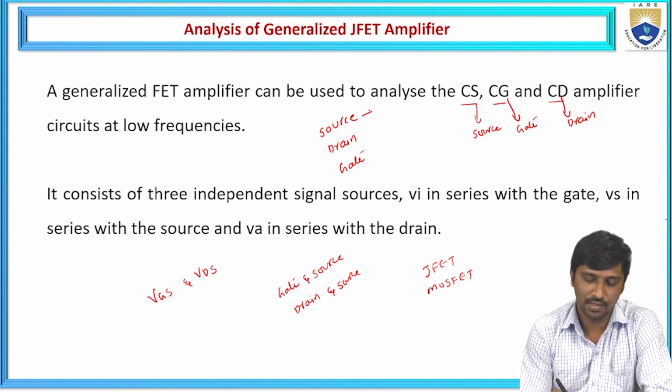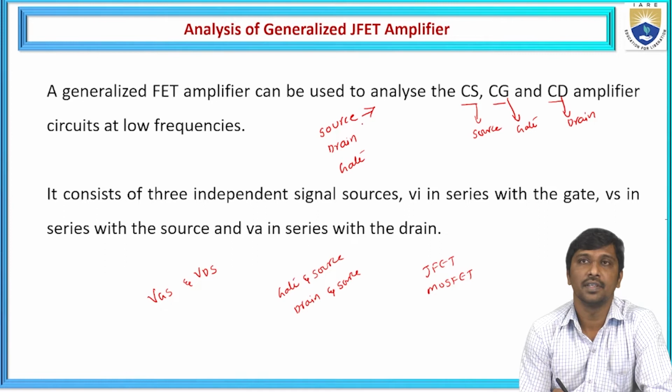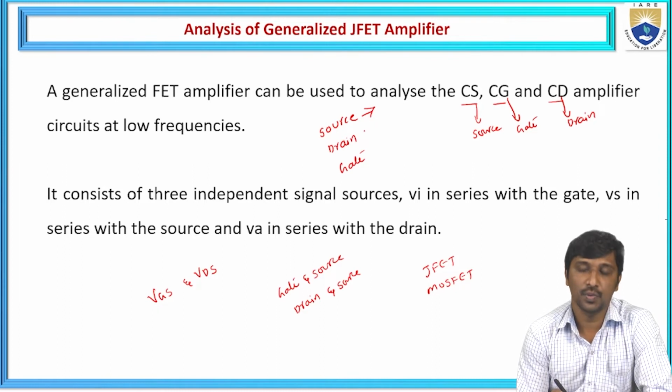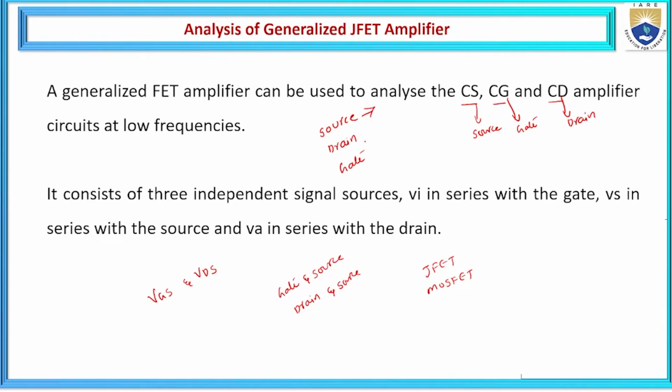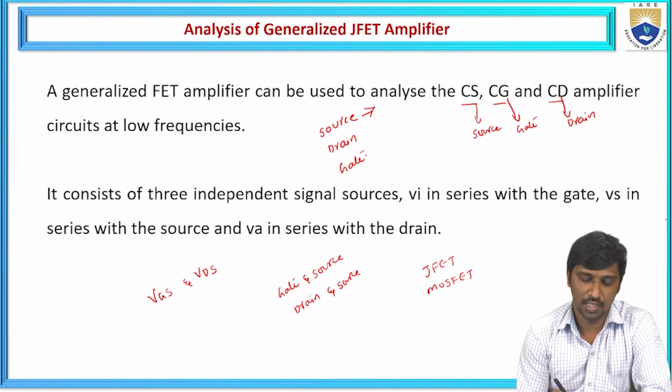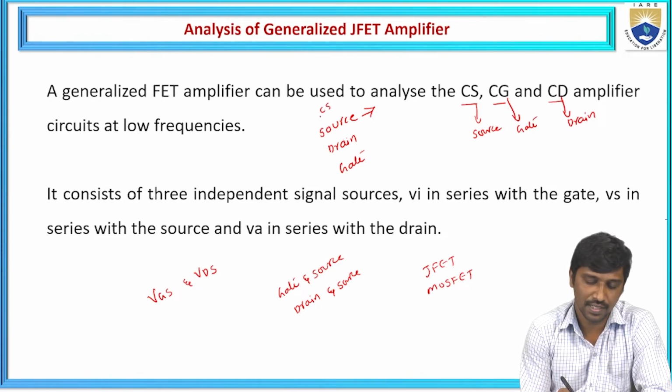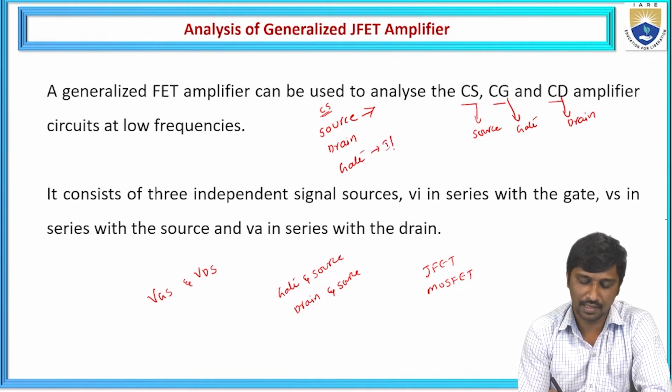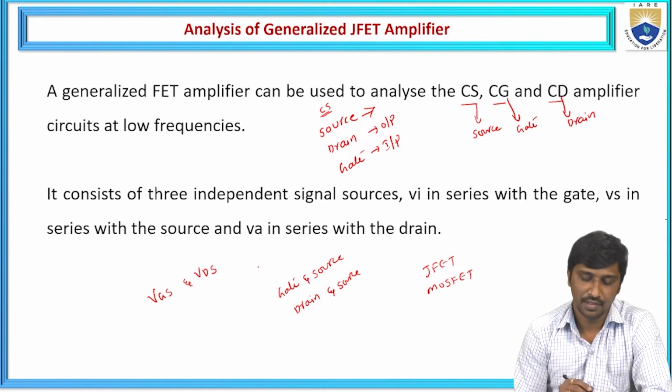Common source means the source is common for the input side as well as the output side. Then we need to identify which of the remaining two terminals acts as the input terminal and which acts as the output terminal. Hence, for the common source configuration, the gate acts as the input and the drain terminal acts as the output.